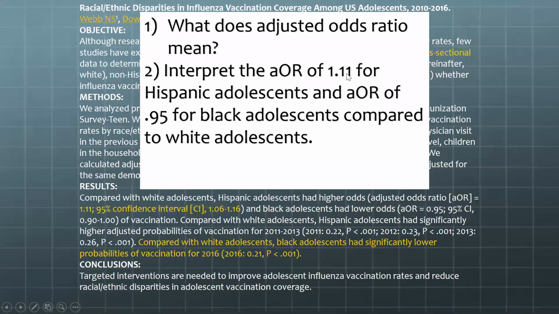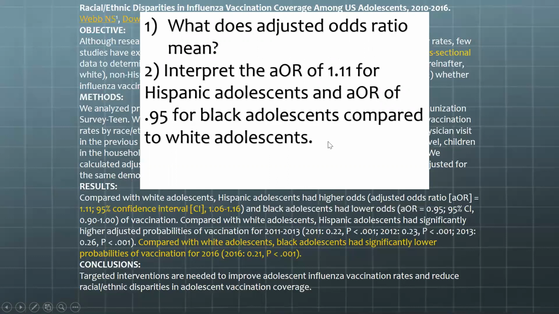If you look at 1.11 as the adjusted odds ratio, that means if you took groups of 100 Hispanics, 100 Blacks, and 100 whites, 11 more of the Hispanics would be vaccinated. If you got 100 whites vaccinated, there would be 111 Hispanics for every 100 whites, and then there'd be 95 Black adolescents vaccinated for every 100 whites vaccinated, is one way that you could look at it.